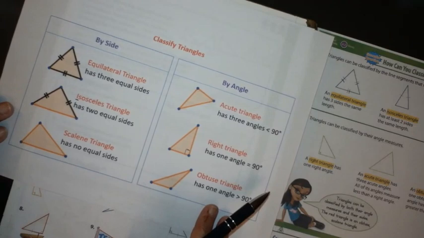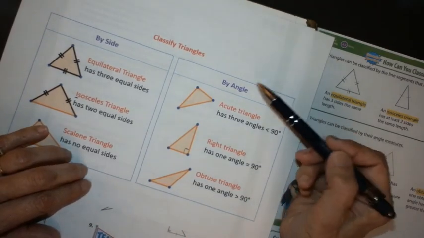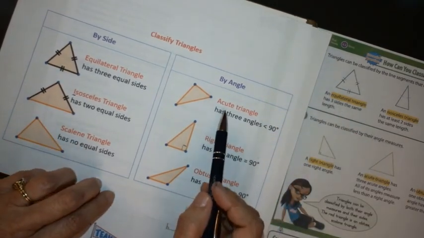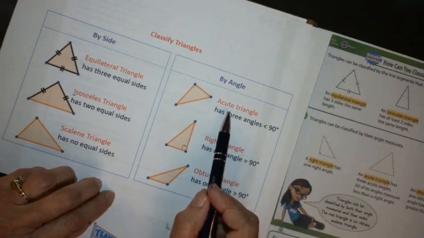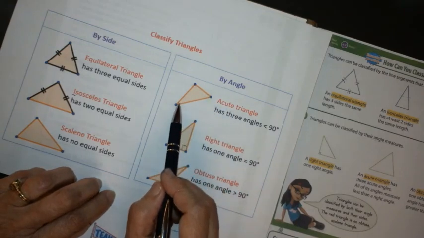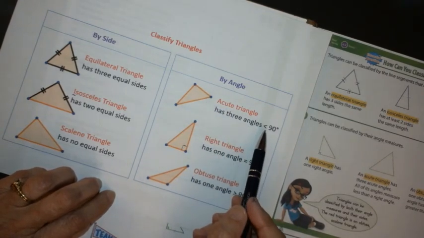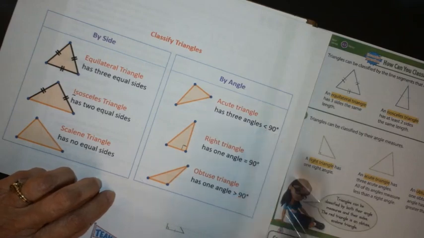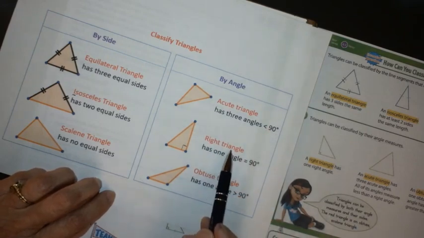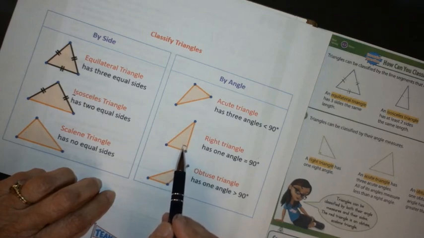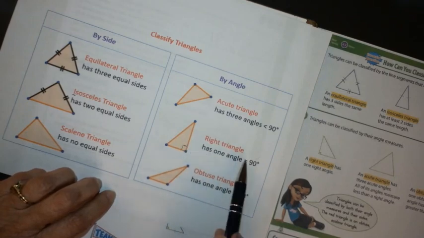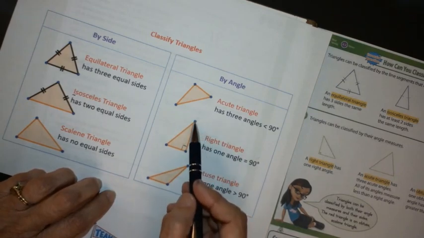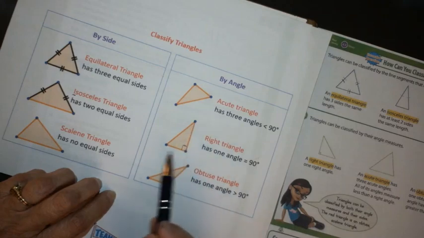And then we can also classify triangles by their angles. There is the acute triangle. It has three acute angles, which are all less than 90 degrees. Then there's the right triangle, and it has one angle that is exactly 90 degrees, and the two lines that form it are perpendicular.